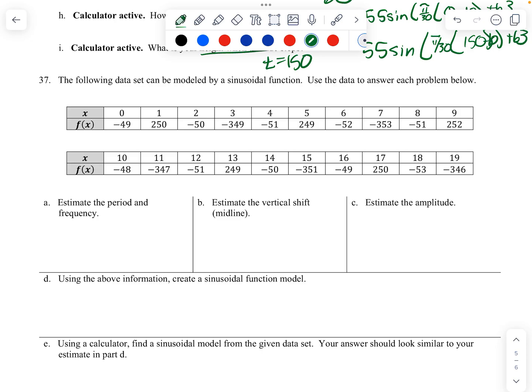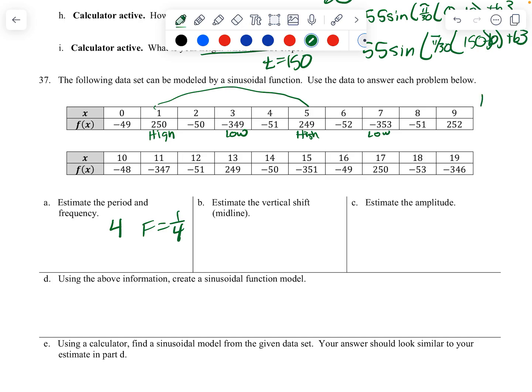All right, and then here's some data to follow. So estimate the period and frequency. So let's see, this looks like this is a high. Here's a low, high, low. So from high to high, it's about 4. So our frequency is 1/4.